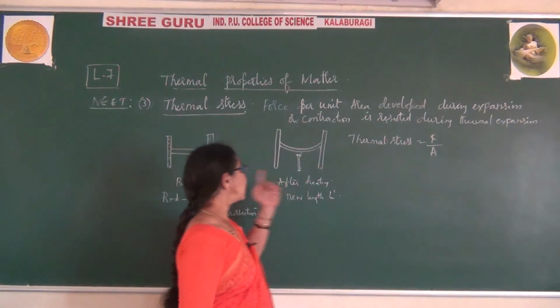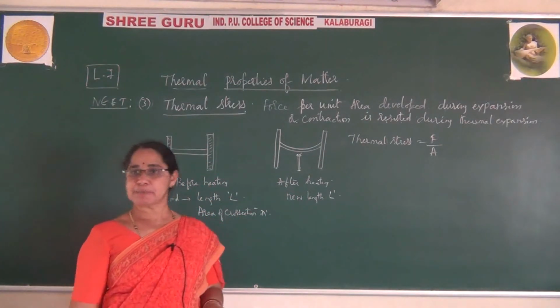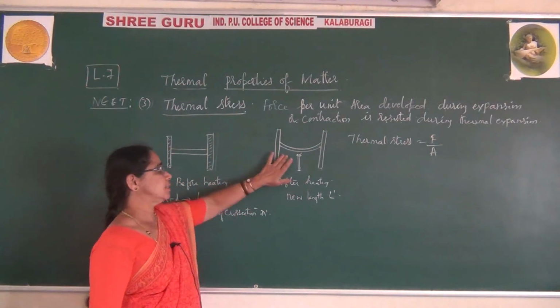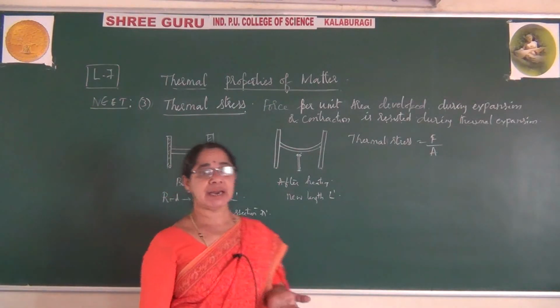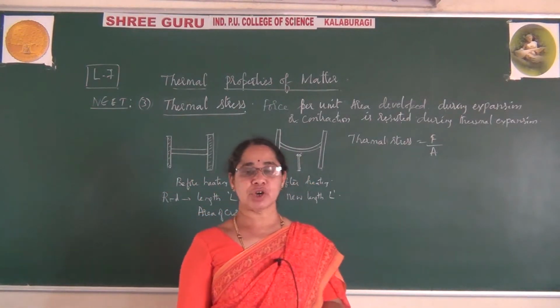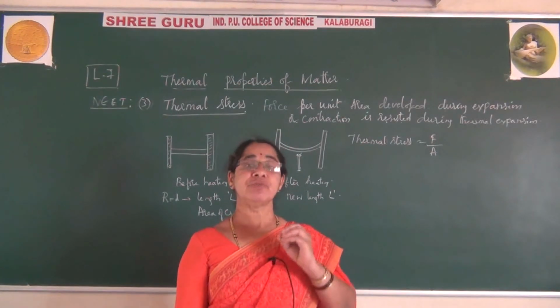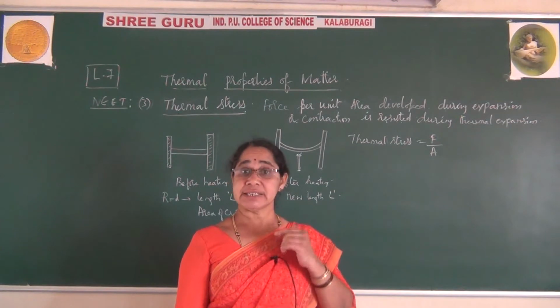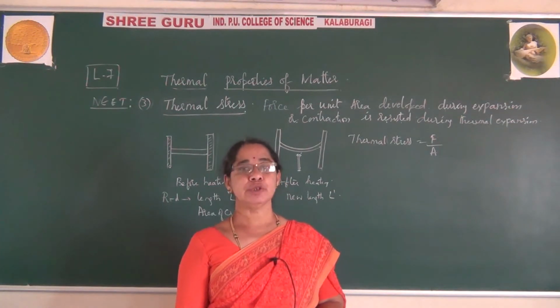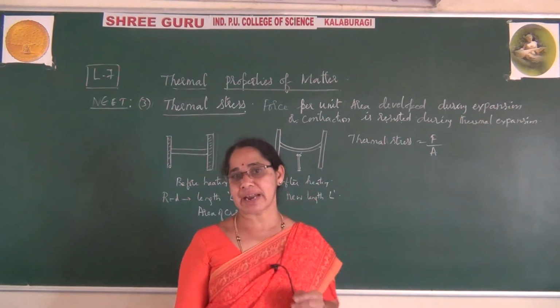Since I have taken the rod, and due to expansion the length changes, you observe that in the elasticity chapter. In the earlier chapter, mechanical properties of solids, you learned three types of elasticity. If an object's length is increased, then you speak about Young's modulus of elasticity.